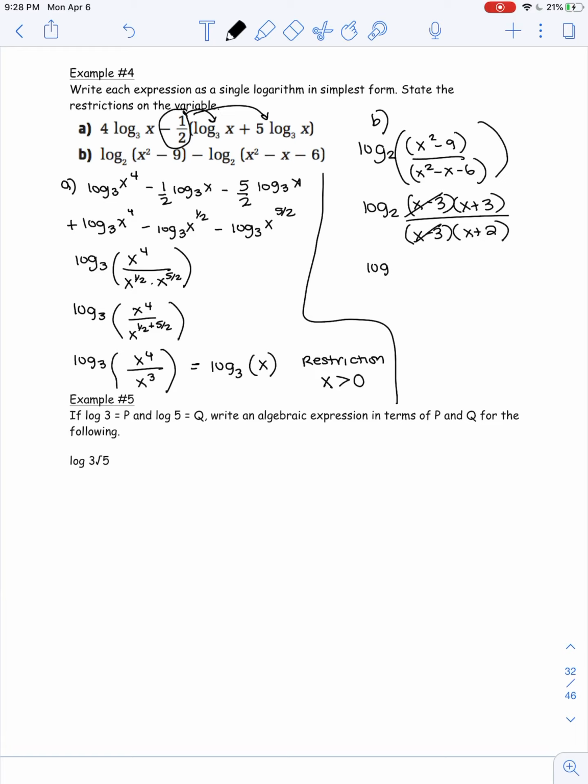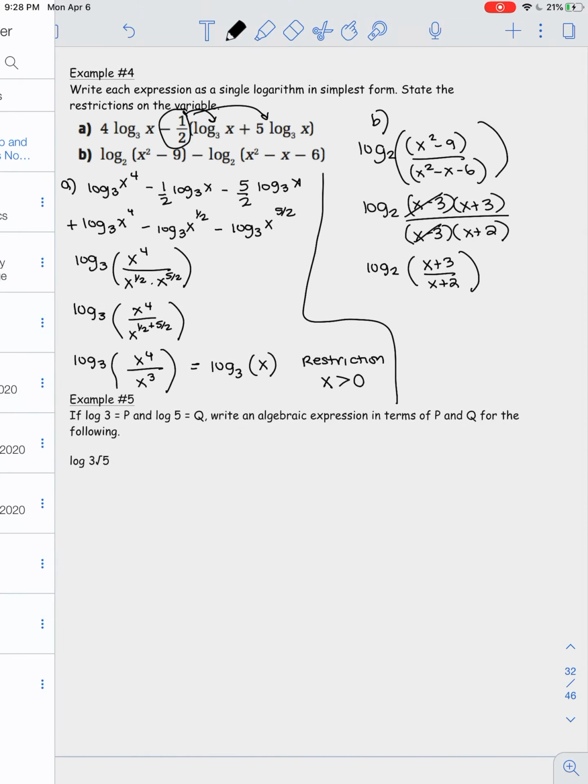So the x minus 3's cross each other off, leaving us with log base 2 of x plus 3 over x plus 2. Now we're going to have restrictions here because we're not allowed to have 0 in our denominator, so we know that that value of -2 is not going to be allowed.